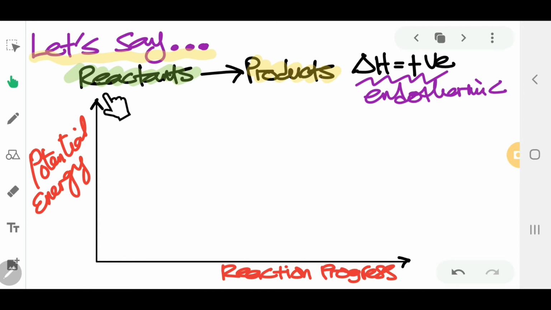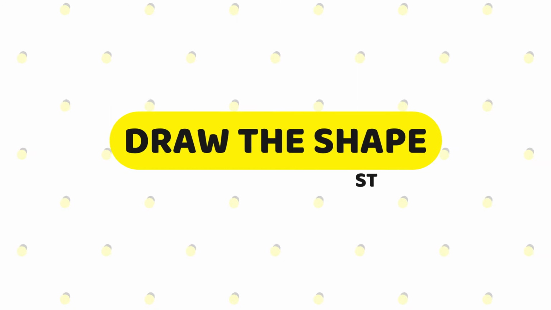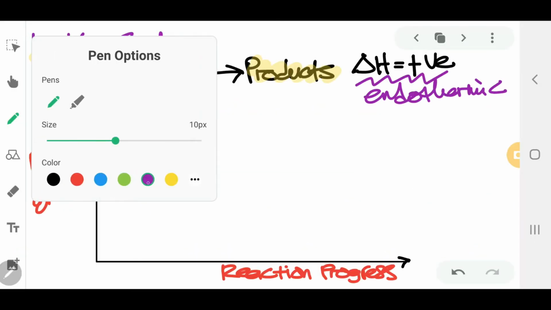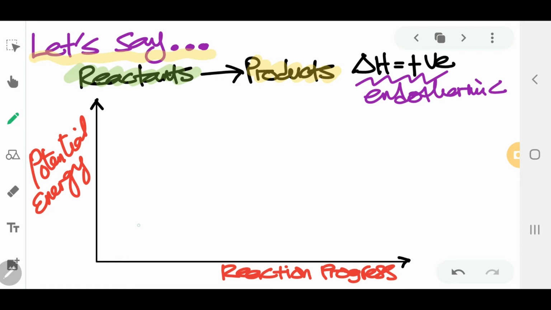So first, make sure you have this potential energy axis right here. Going up means higher and higher potential energy. And down here, you have the reaction progress. To start, you need to draw the correct shape for the energy profile diagram for endothermic.